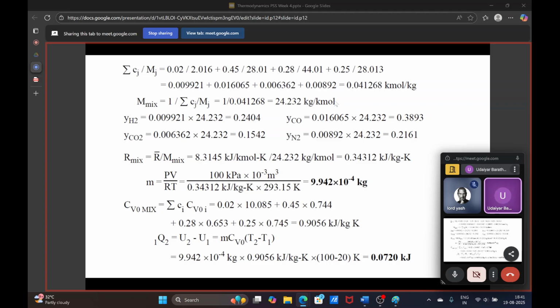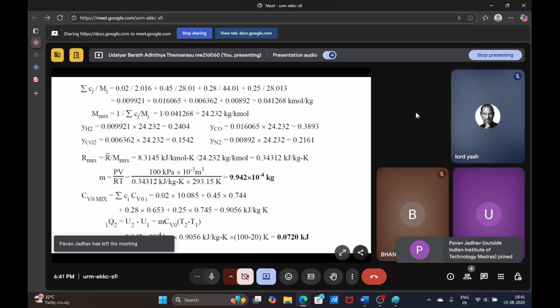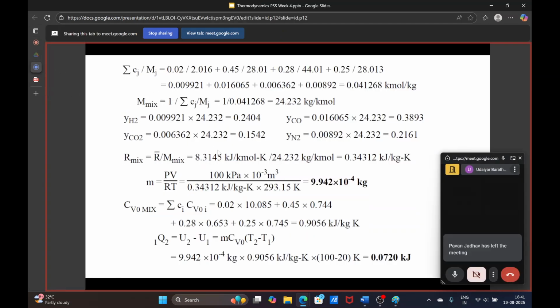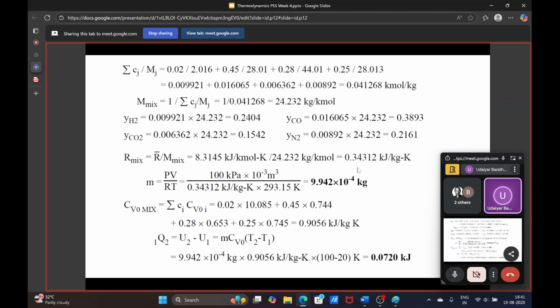The simplest way is, you have found out the total number of moles, so the individual moles divided by the total moles will give you the individual mole fractions. That's the easiest way to do it. And then R mix is R bar, the universal gas constant, divided by the molar mass of the mixture. So 8.314 divided by 24.2 comes out to be 0.34312.